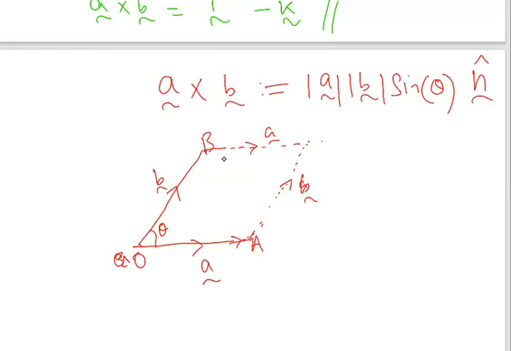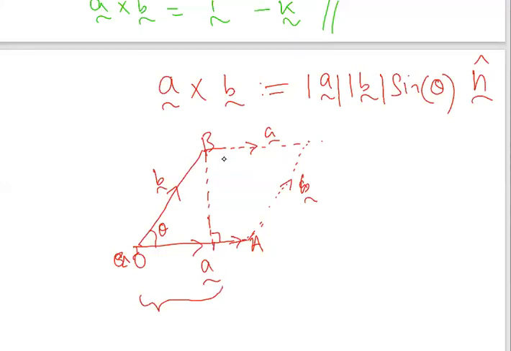If I drop a perpendicular to the OA line, this is the projection of B on OA. What is the projection? This much.